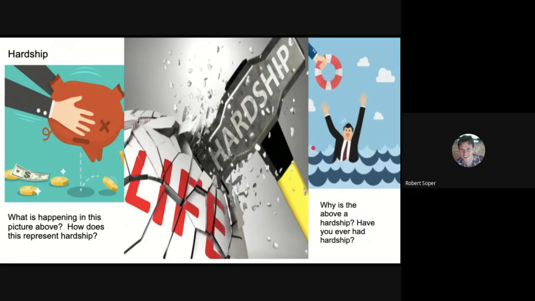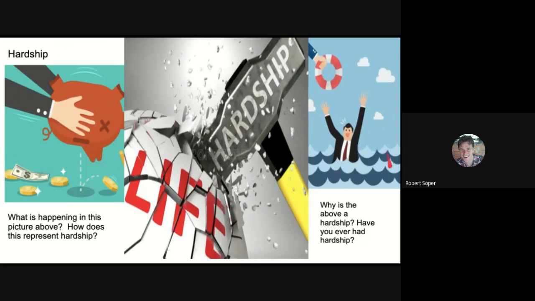Let's look at this picture. Why is this a hardship? Well, here we can see this is a very difficult situation. Why? Because the man appears to be in some body of water, possibly the ocean, or a sea, or even a river, and he looks like he may be struggling to survive.